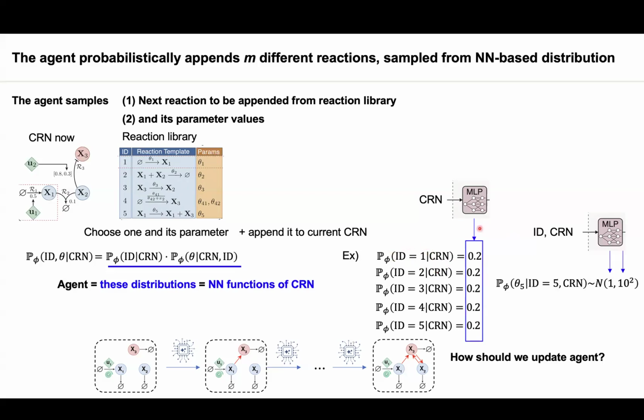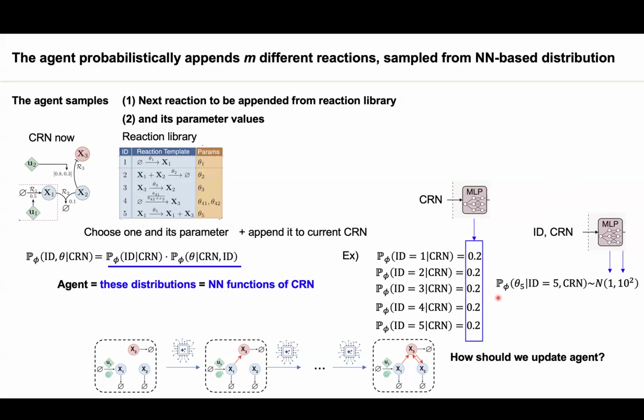But we don't know that function, so we will replace that function with a neural network. Similarly, we need to form the distribution of the parameter.